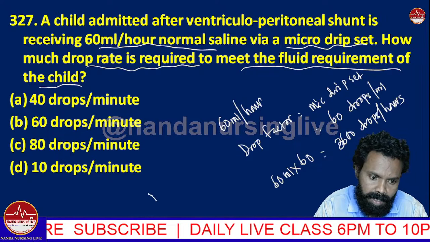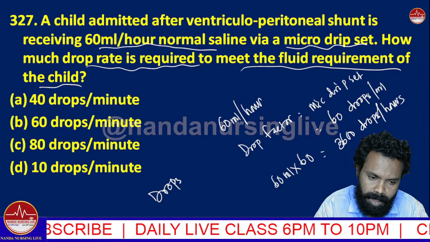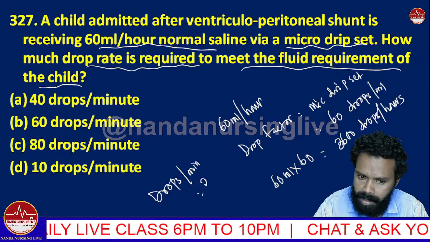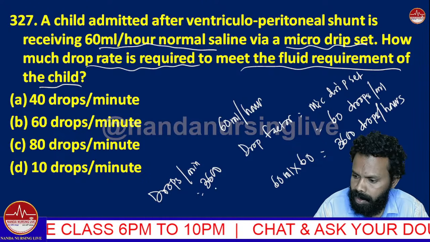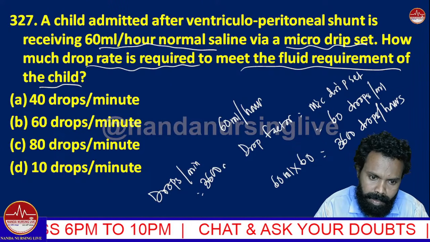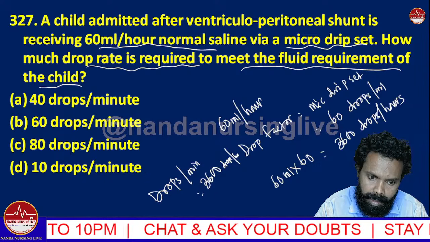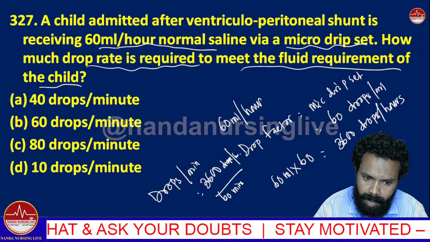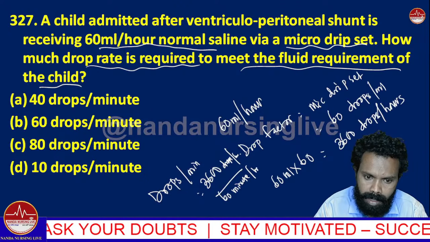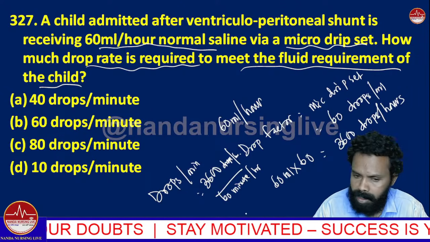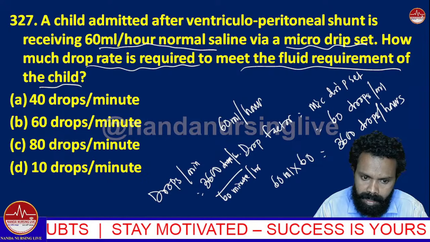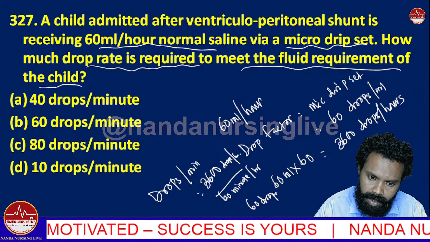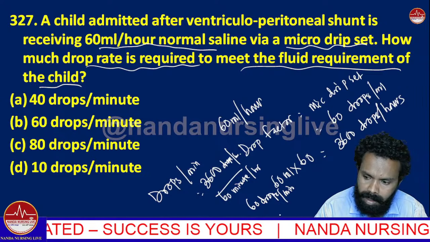So 3600 drops per hour divided by 60 minutes per hour is 60 drops per minute. That is the answer, right.